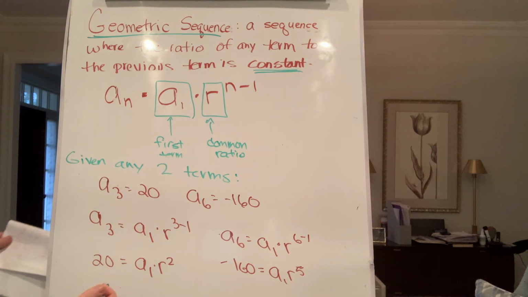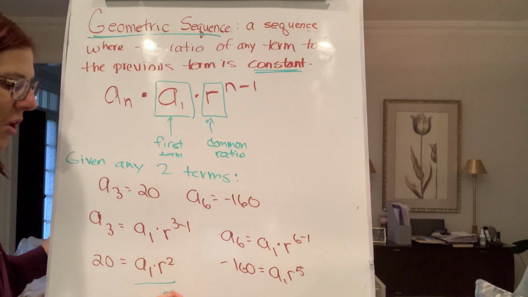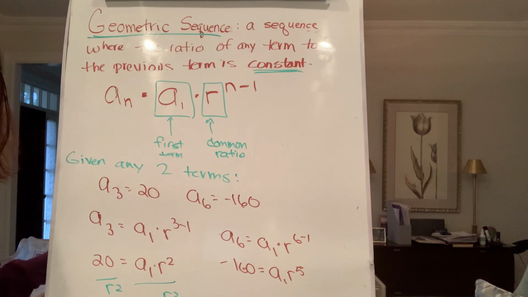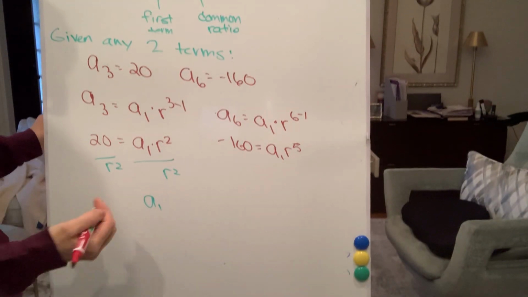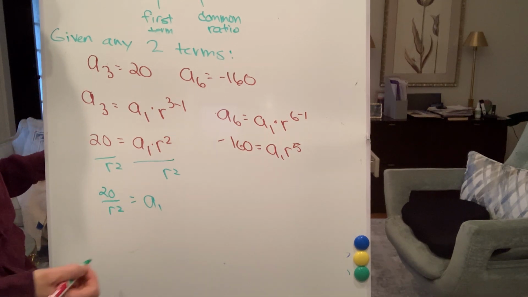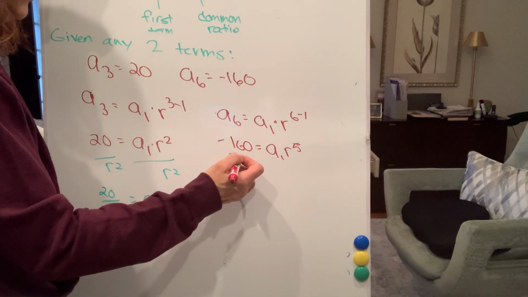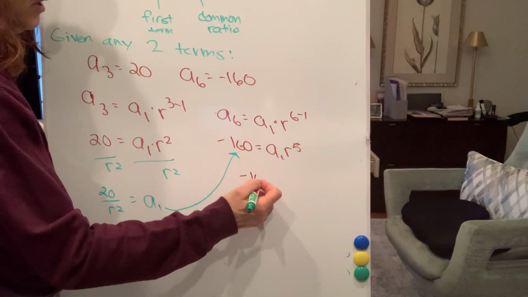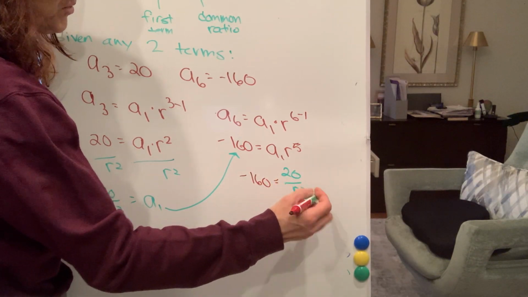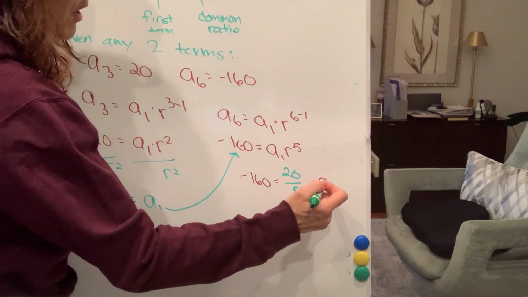I'm going to go back to my first equation and solve for a1. So I get a1 equals 20 over r squared. I'm going to substitute that in here. So I get negative 160 equals 20 over r squared times r to the 5th.